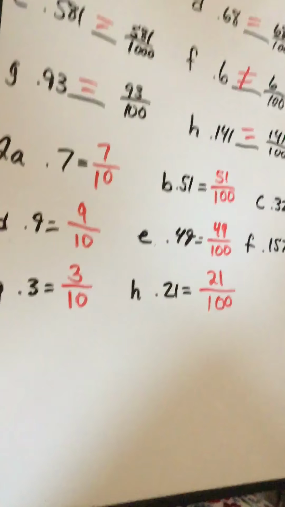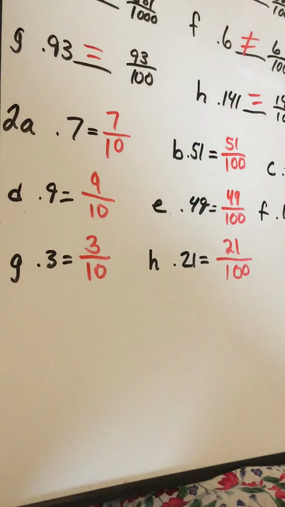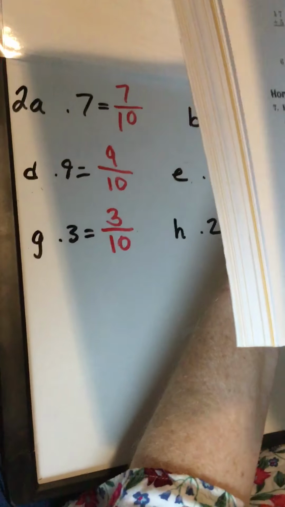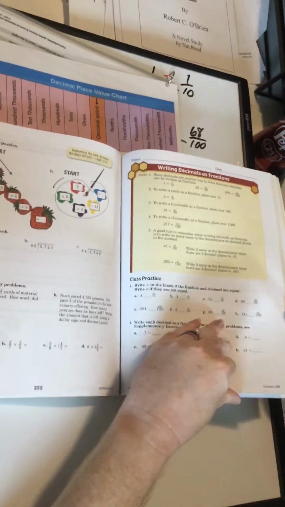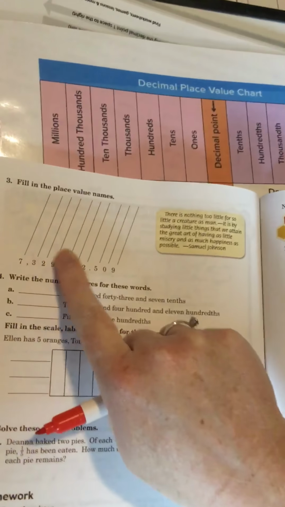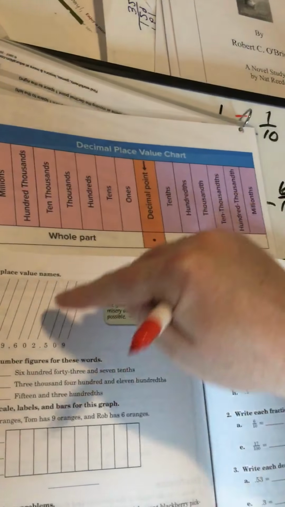Okay, the rest of the page, you need to, let me get the book again. Okay. The rest of the page here, you need to fill in your place value names, which are these up here. You need to put these in here.